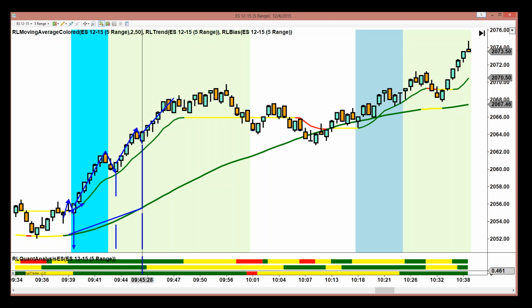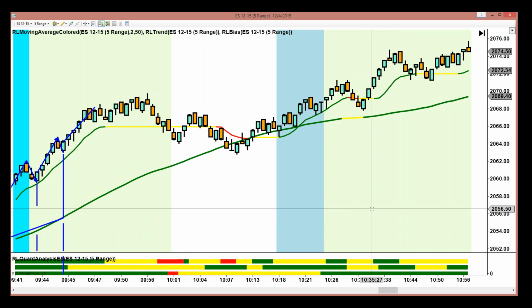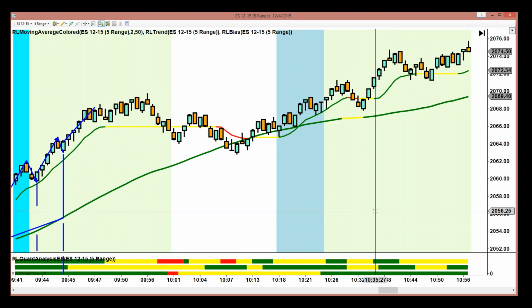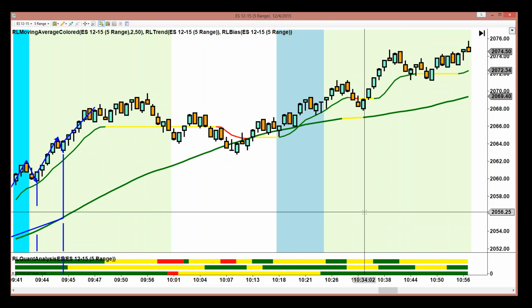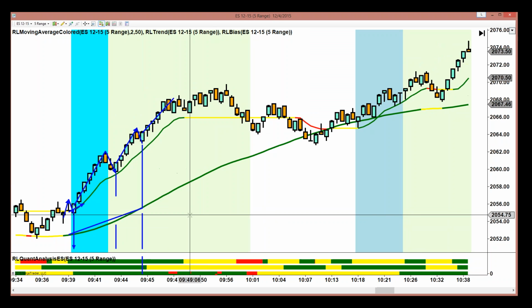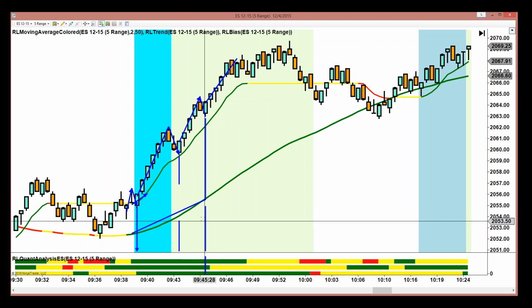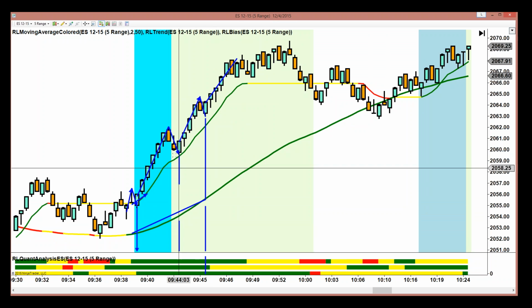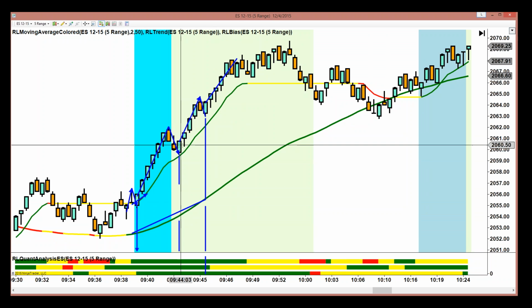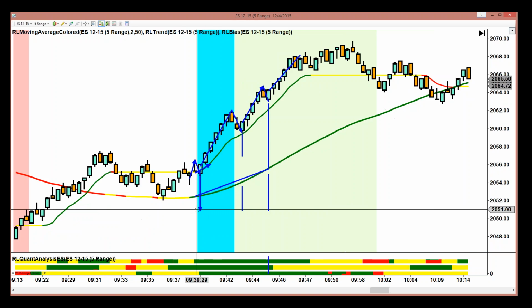If you have the patience to wait for this kind of alignment, and you develop the discipline to sit on your hands when you don't, and if you're willing to let moves go by that are sometimes large because they do not conform to your trading plan, then you can become a very successful trader just with these two indicators combined with a little bit of price action. You want to take a trade long off support and a trade short off resistance.